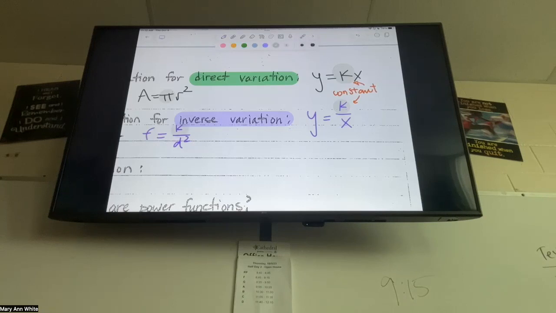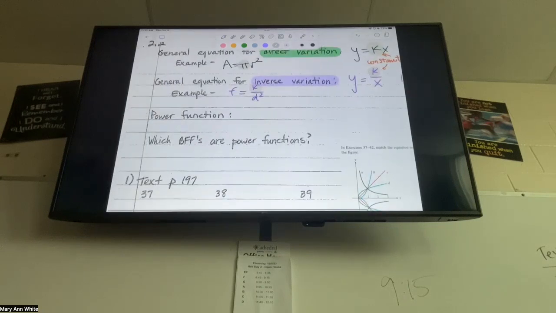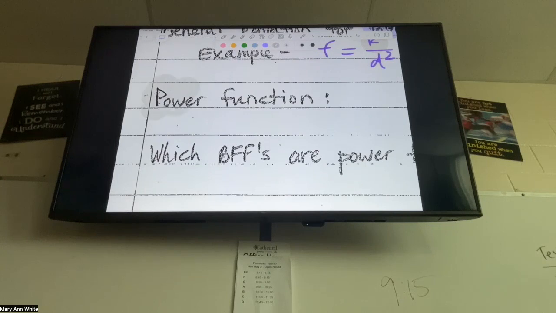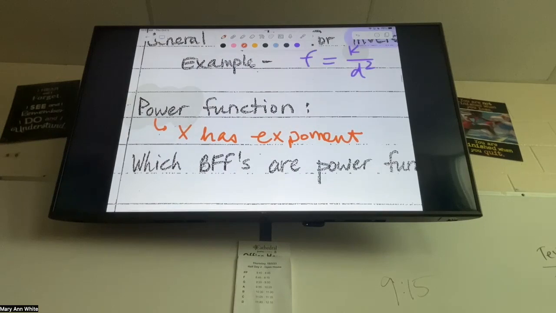The other concept I want to talk about before we get going on problems is something called the power function. Power function means your exponent, right? So it just means that your x has an exponent. So we can think of it as y equals k times x to some power.